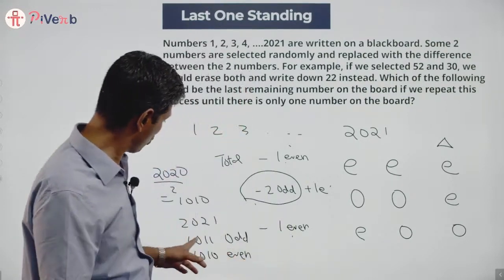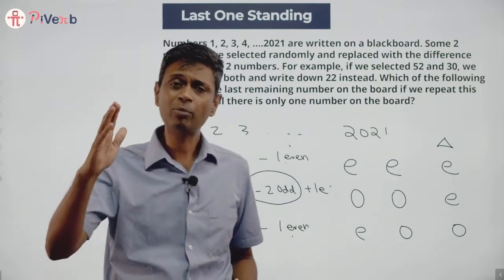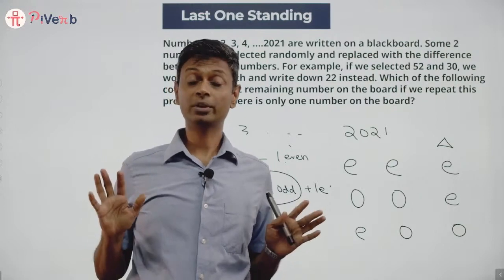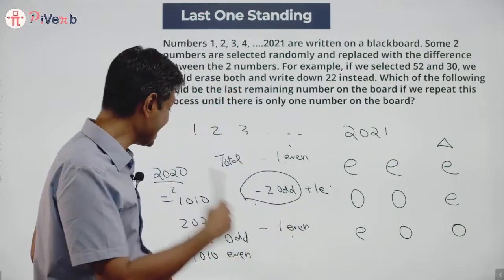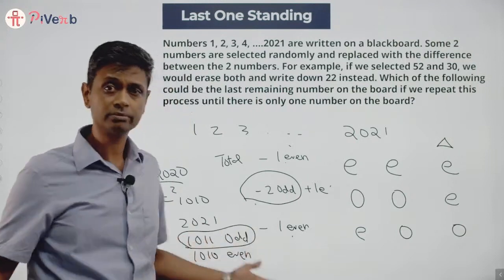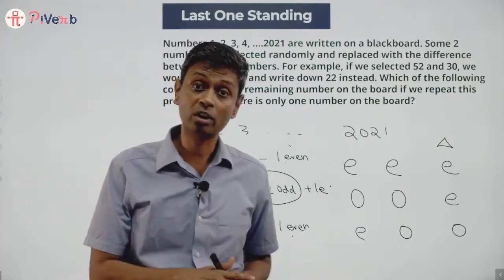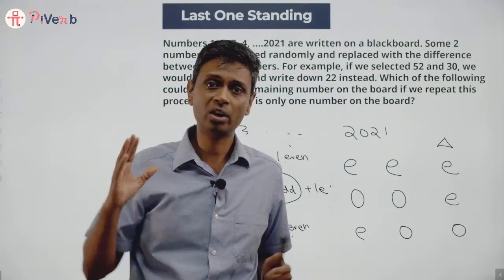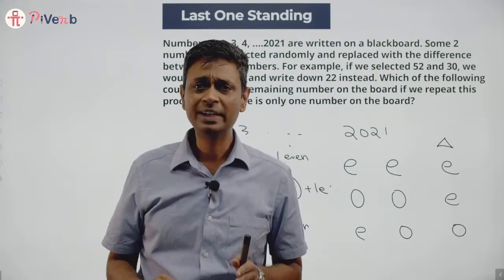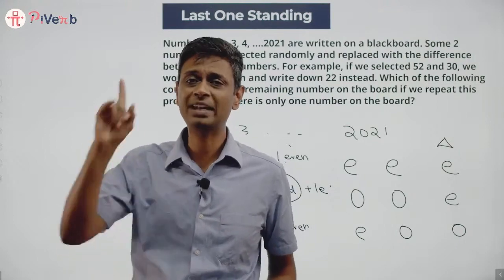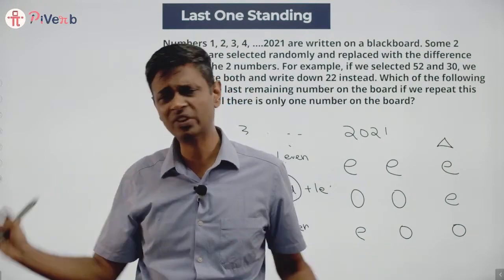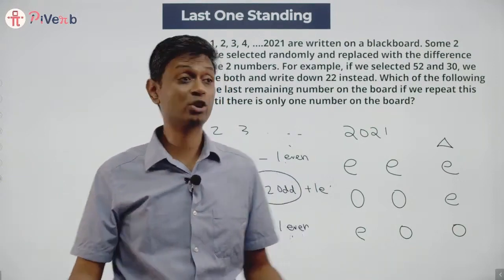So from these 1011 odd numbers, I'll keep on dropping 2 odd numbers, or I'll do nothing to it. Think about it. You can never really eliminate all these odd numbers. You cannot. An odd number of odd numbers. You're either eliminating 2 or nothing. It goes down in steps of 2 or steps of 0. It can never go to 0, so my last number has to be an odd number. In the end, whatever sequence I do it in, my last number has to be an odd number.